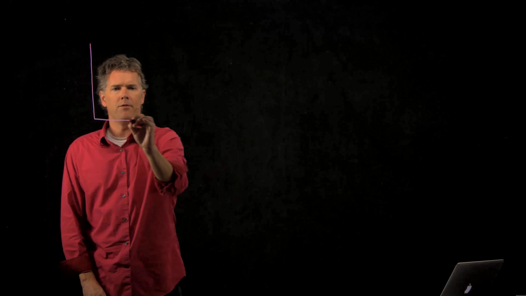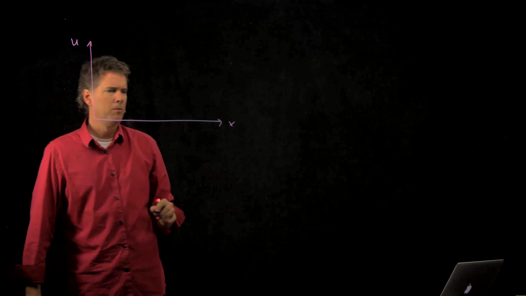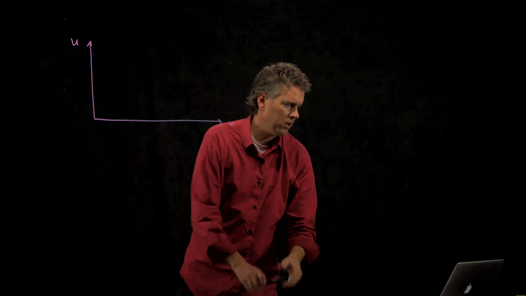So in this question we have the following. We have a potential energy curve for a particle as a function of x, and it looks like this.